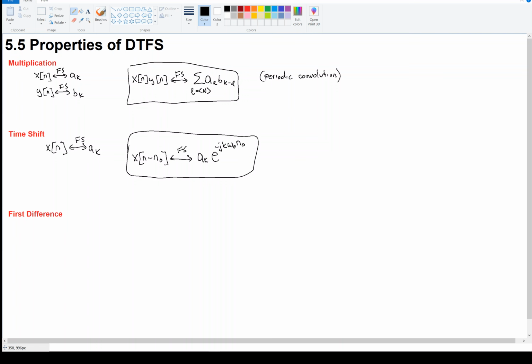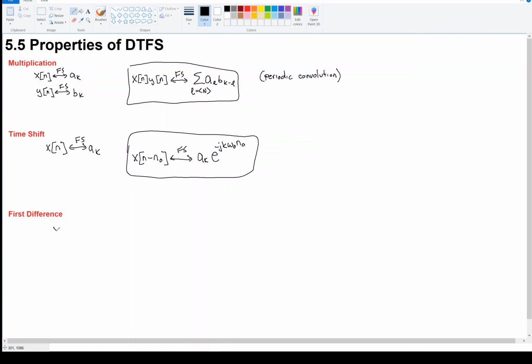Now, first difference is the one that I really want to talk about. We need the time shift property for the first difference. There's no differentiation property in discrete time, because taking the derivative is a continuous, limiting operation. In discrete time, what we do is we take a first difference.